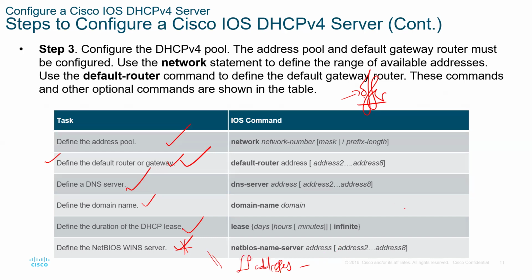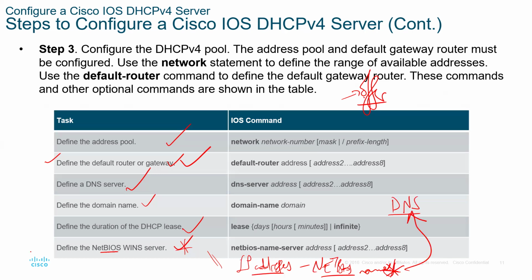Right. The same way we have DNS, which is used to map domain names to IP addresses, we also have this NetBIOS, which is used to map IP addresses to NetBIOS names. This is no longer relevant. We no longer use it. It was actually replaced by DNS.